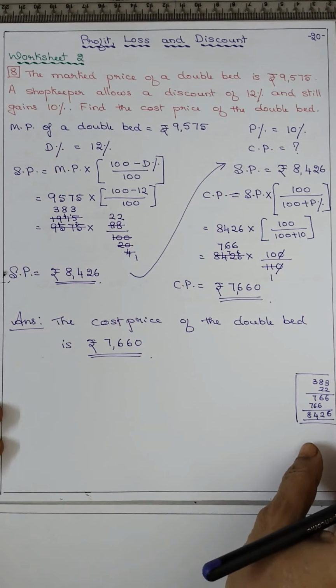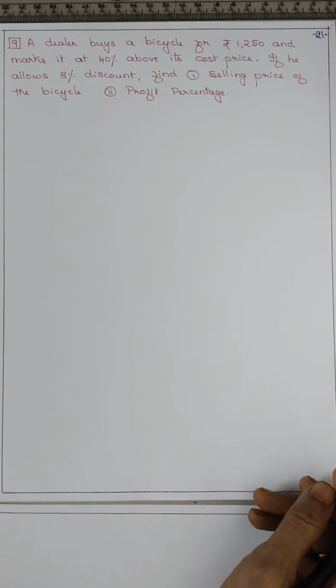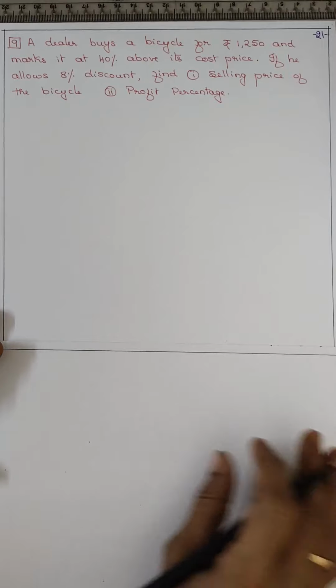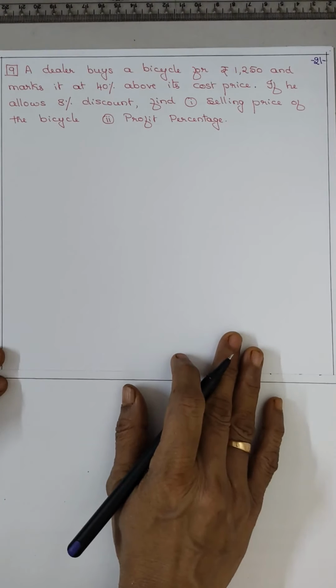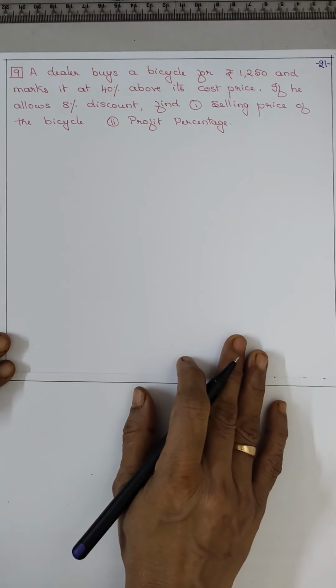Now coming to question number 9. A dealer buys a bicycle for 1250 and marks it at 40% above its cost price. If he allows 8% discount, find the selling price of the bicycle and the profit percentage.